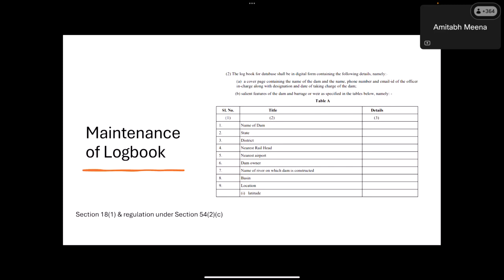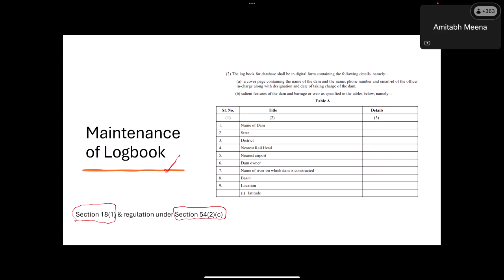Lastly, as per section 18(1) of the Dam Safety Act, and also there is a regulation that has been passed under section 52(2)(c), which provides for maintenance of logbooks. This is a basic template of the logbook. It has been provided in this regulation only.